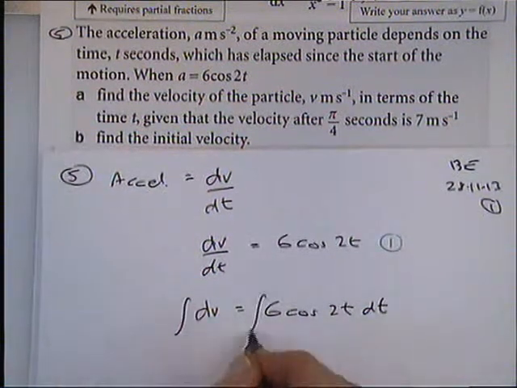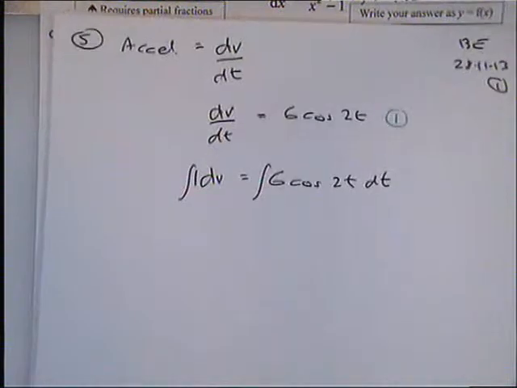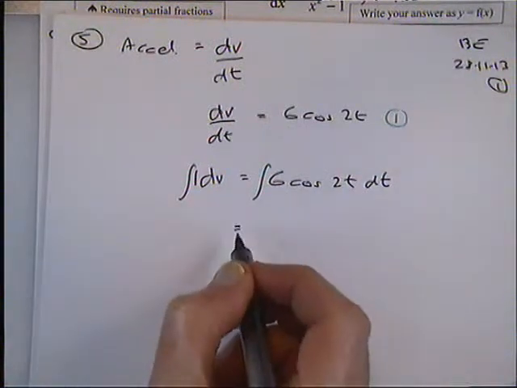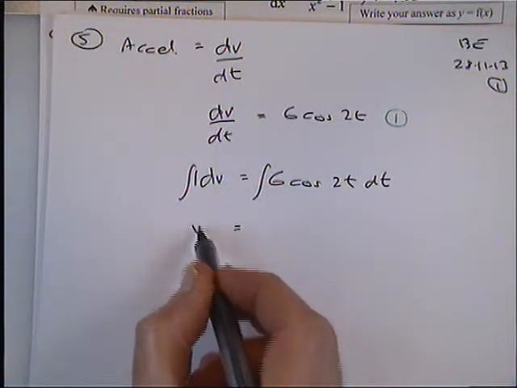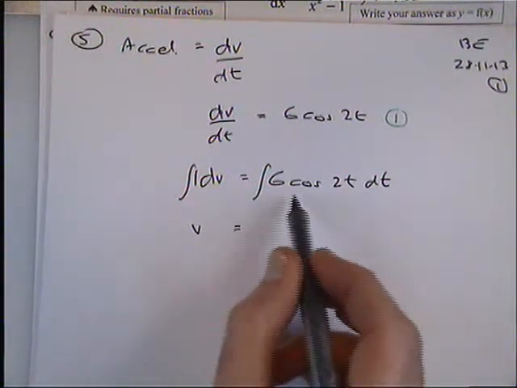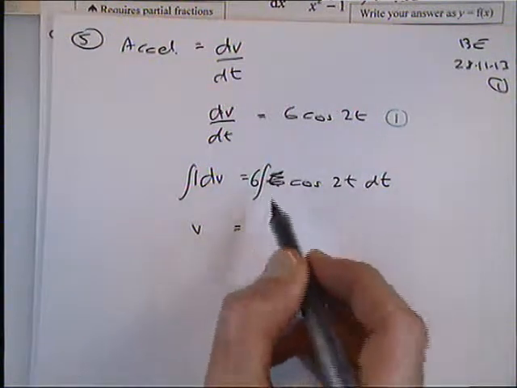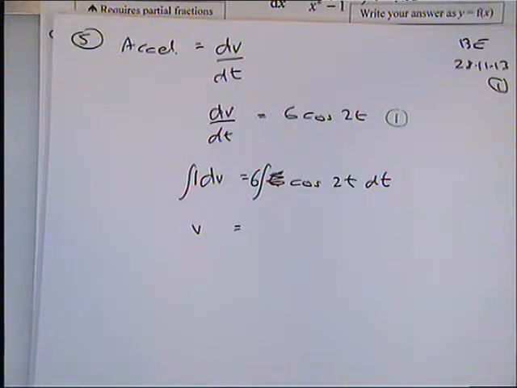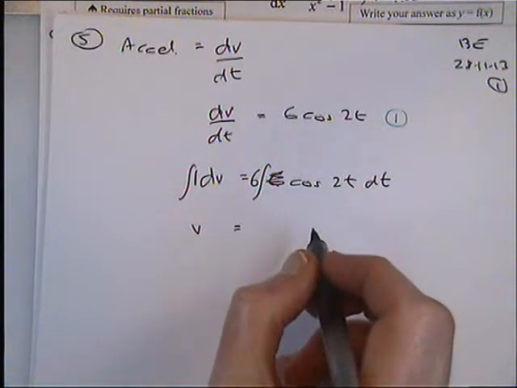Integrate. If you want to put a 1 in there to make it easier for you, then fine, do that. So, on the left-hand side, integrate 1 dv. What do we get? v. Over here, you can imagine the 6 coming through the integral sign and being written there, if that makes it easier. What does cos integrate to?